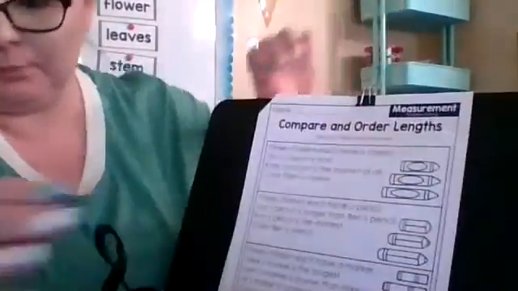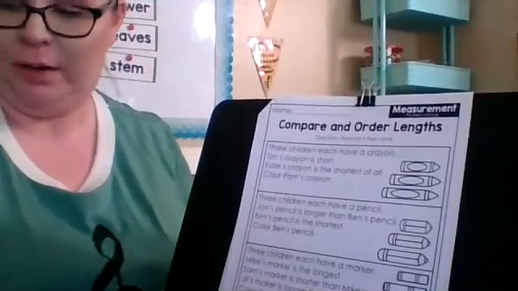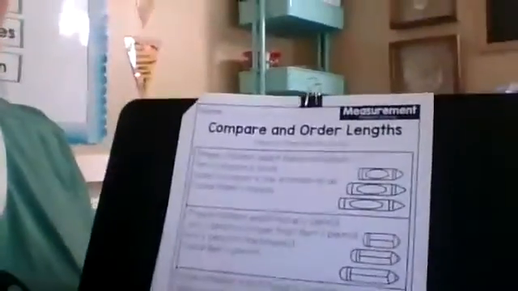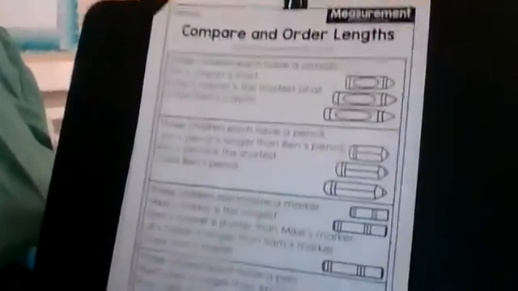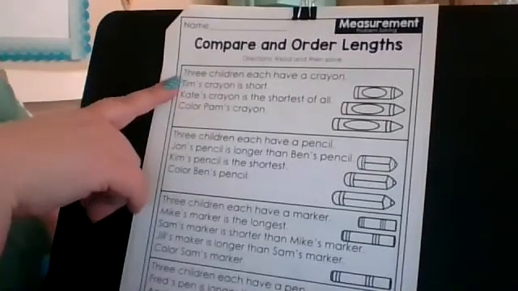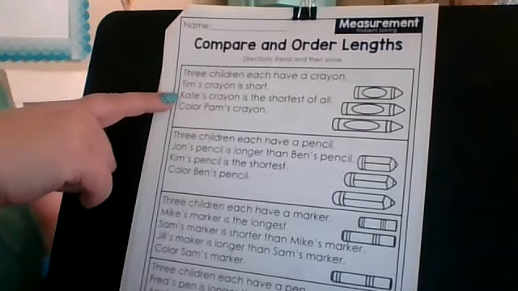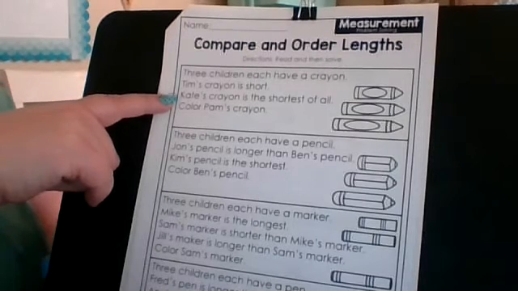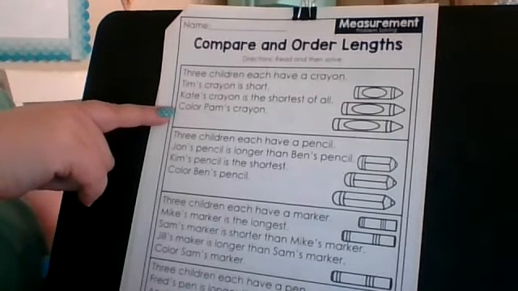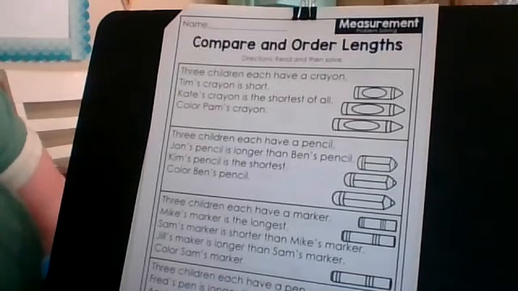Okay, I'm gonna scooch my glue and my paper clip out of the way. All right, let's take a look at these. 3 children each have a crayon. Tim's crayon is short. Kate's crayon is the shortest of all. Color Pam's crayon. Let's see.